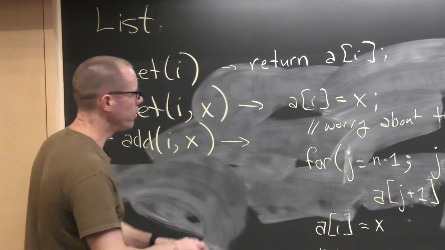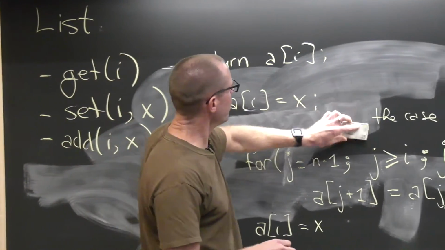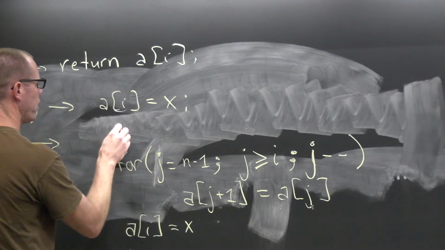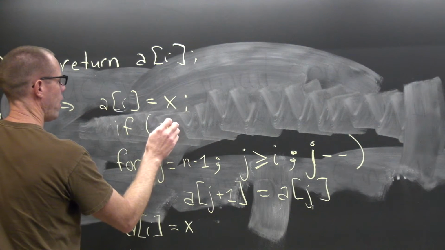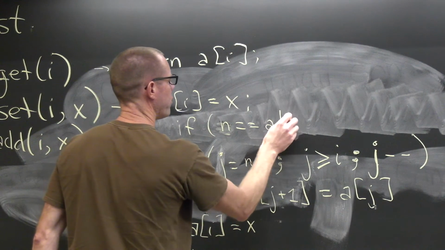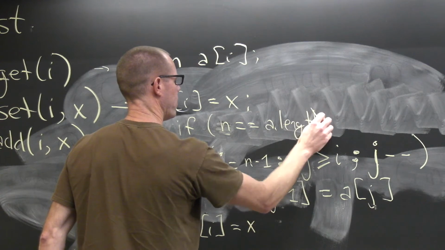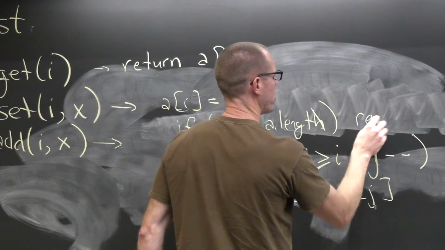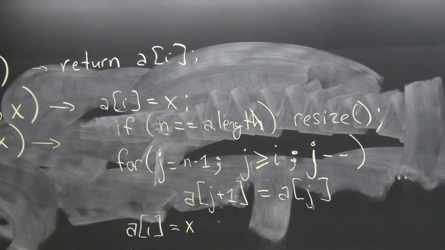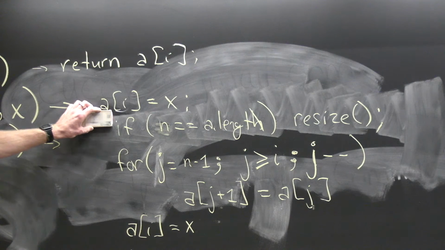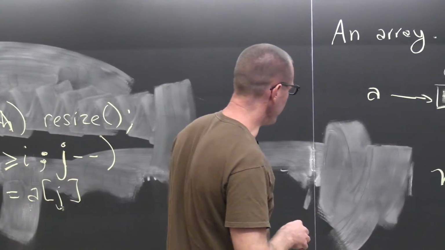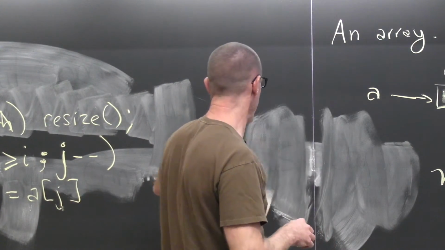And what we'll do is make that someone else's problem by saying if n is equal to the length of the array, then we'll call a function called resize. Okay? I don't know yet how resize works. We'll discuss that soon. We'll leave that for some other programmer to deal with.